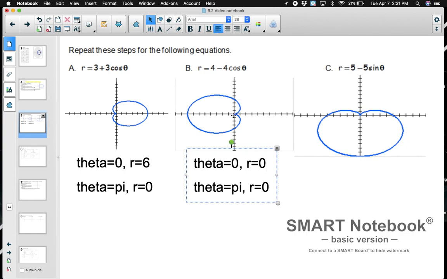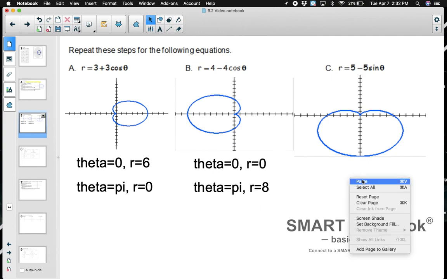And when theta is pi, I'm at 1, 2, 3, 4, 5, 6, 7, 8. My r is 8. And remember, even though it's to the left, it's not negative 8, because if I went pi comma negative 8, I'd go in pi this direction, 8 units. But if I had a negative 8, it would flip the direction, so it would be put over here. So this is still just theta is pi, r equals 8.